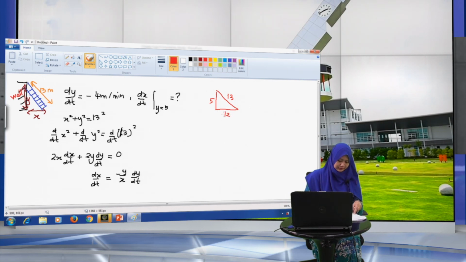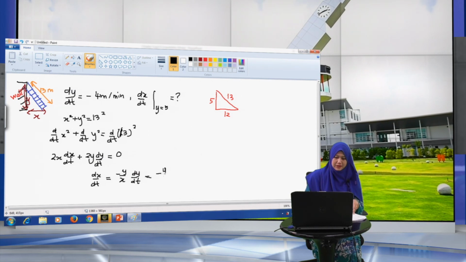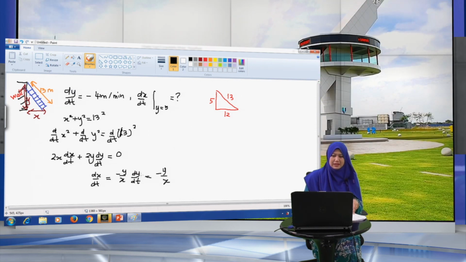So dx/dt is minus y over x times dy/dt, and dy/dt is given in the information, which is equal to minus 4.